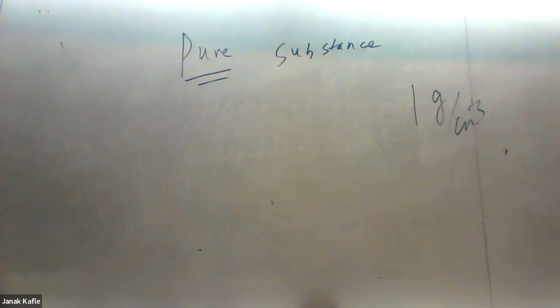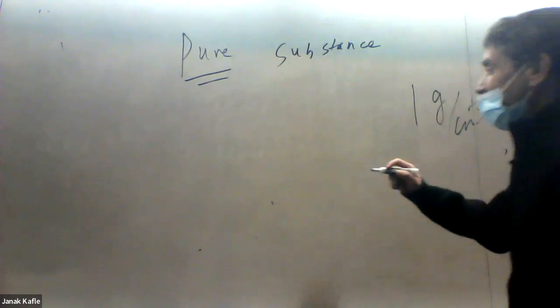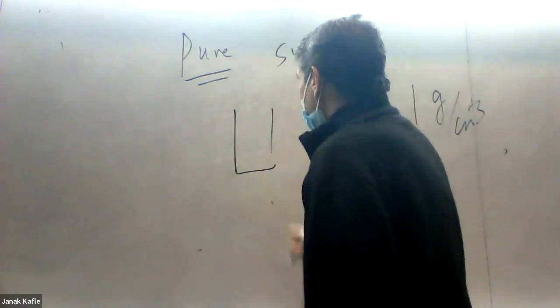So if you measure the density of something and find 1 gram per cubic centimeter, then you think that probably this is water. Make sense?